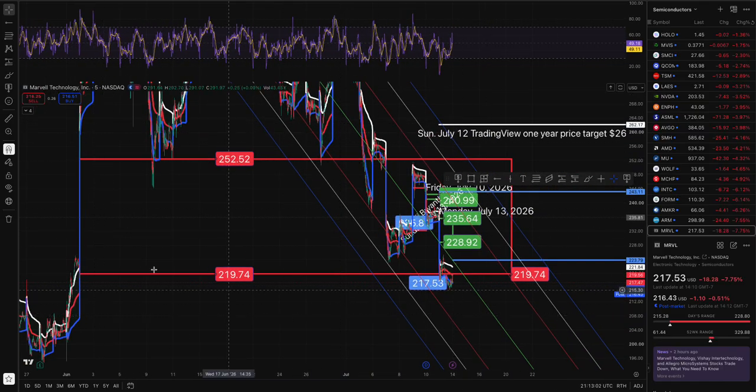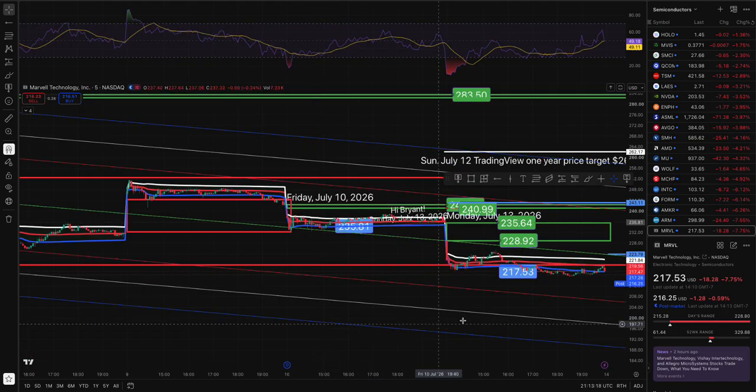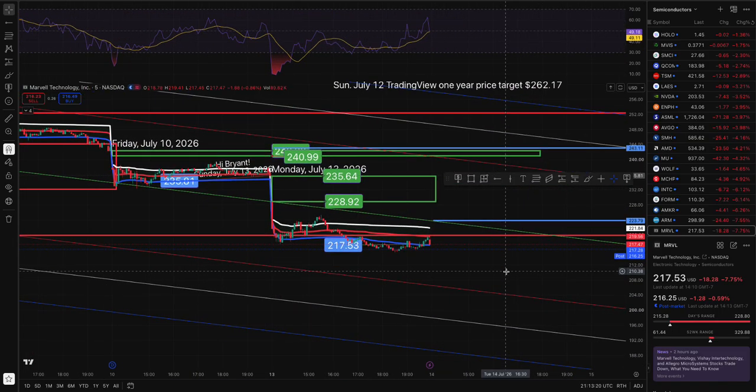See this huge gap that started at 252.52 and then took us down to 219.74? Well, today's low is 215.28. It went even lower. I don't take it out more than -4 standard deviations.